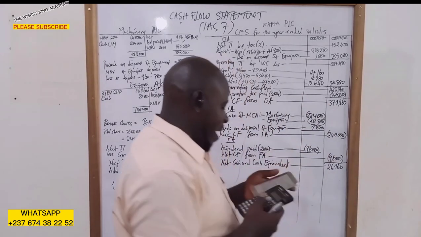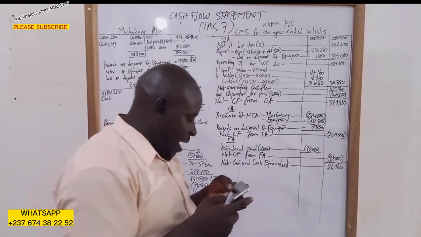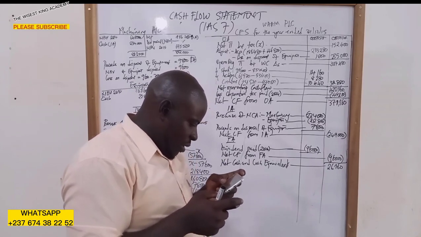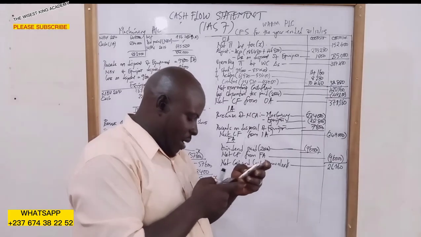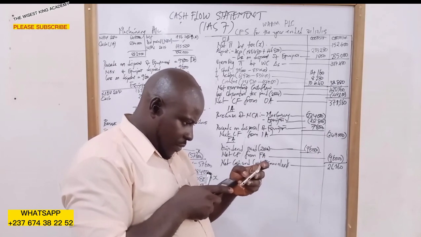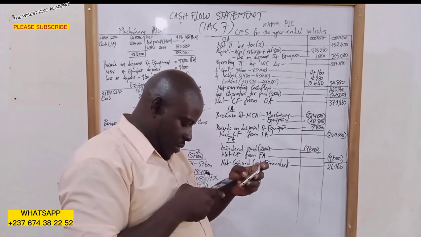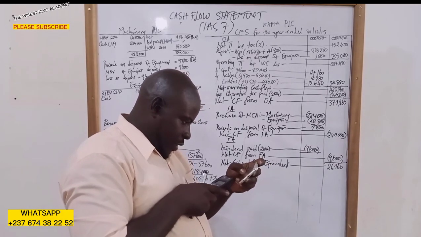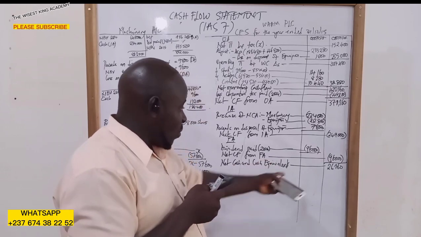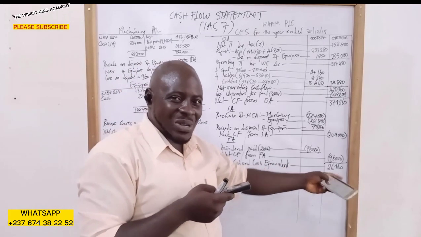Let's take the difference here and see if it matches. Looking at cash in hand at the bank, 76,920 minus 50,760 is 26,160. Wow, so it's balanced.